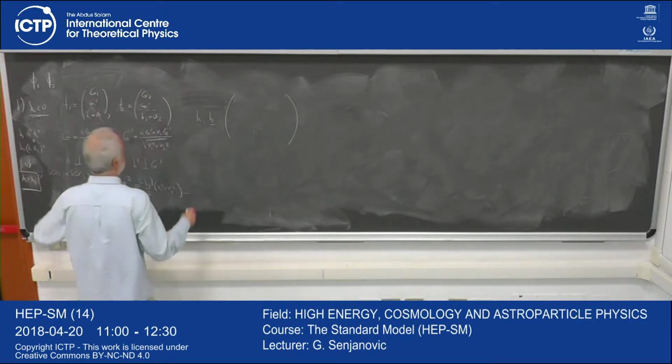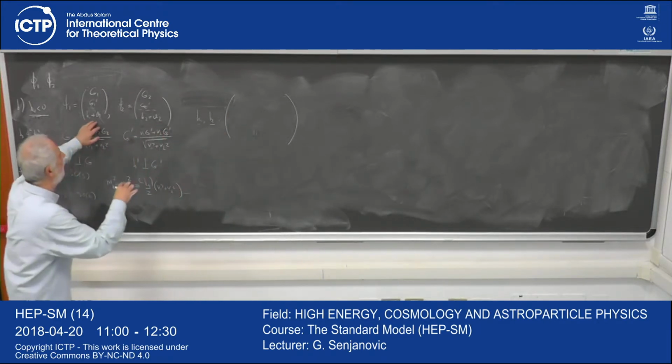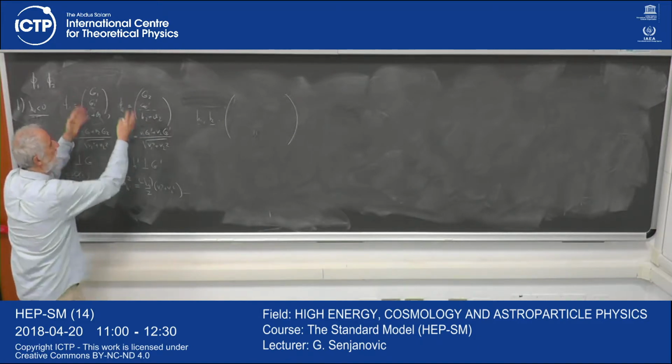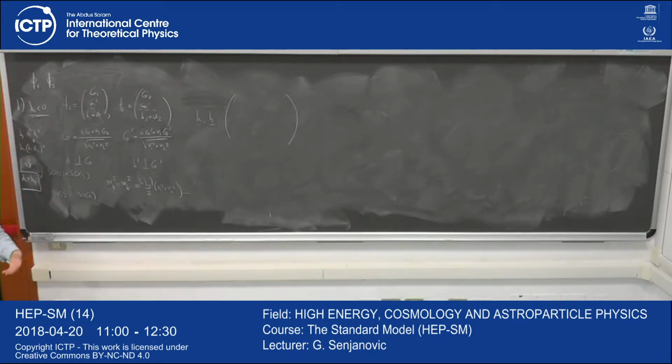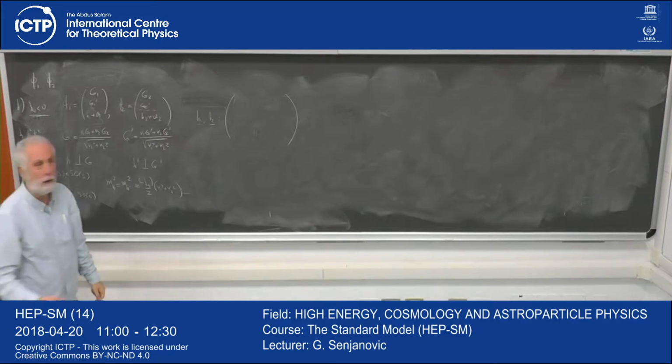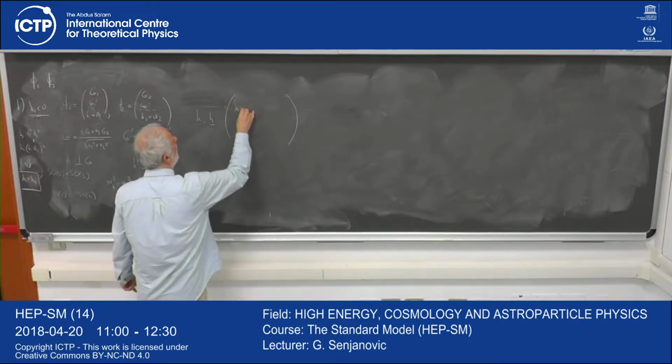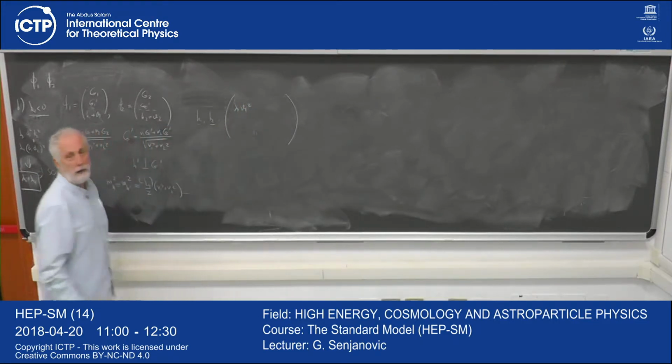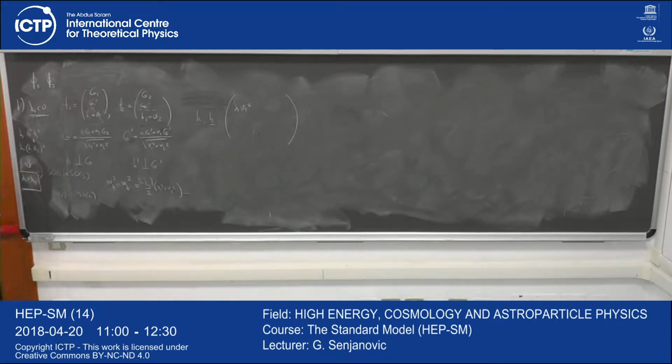When this coupling is equal to 0, when there is no mixing, then I have again the situation that you studied in your homework. So you go back in your homework and you see that the mass was lambda 1 lambda v squared. That would have to be the mass of that guy if there is no mixing between them, because then this triplet would live alone, separately from the rest of the world.